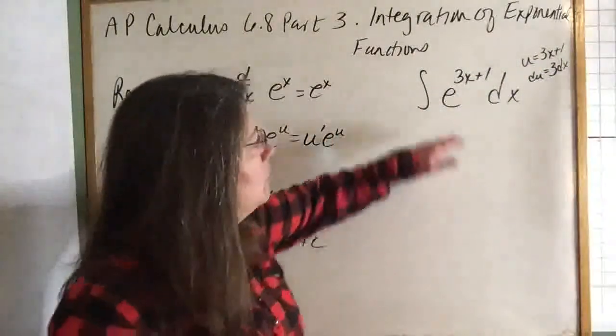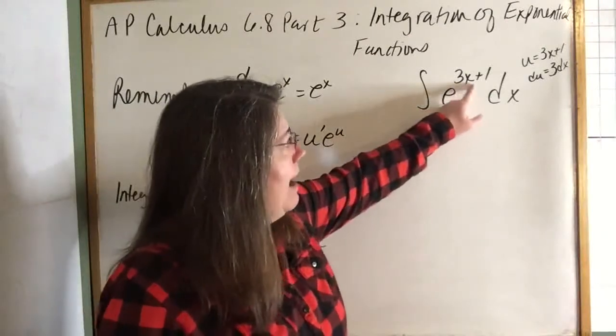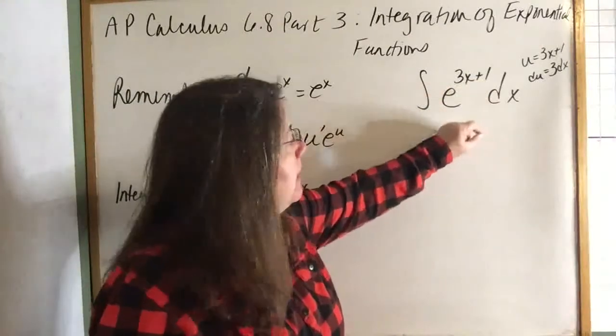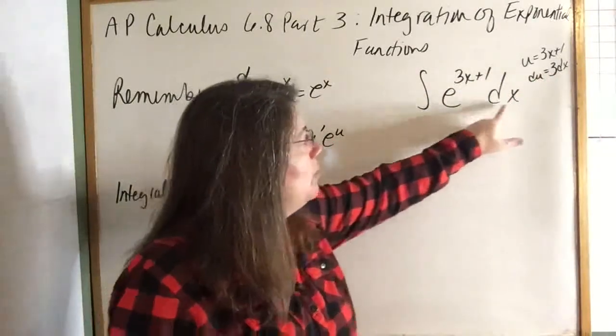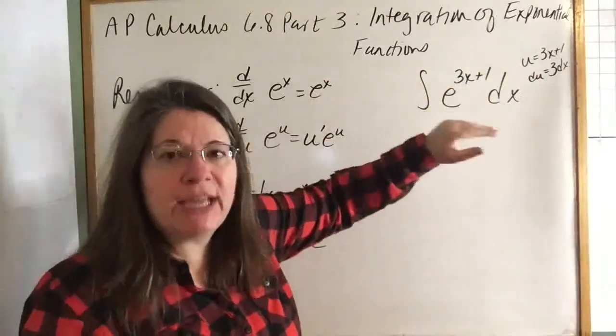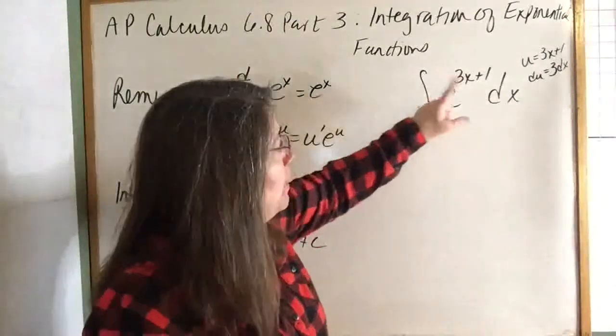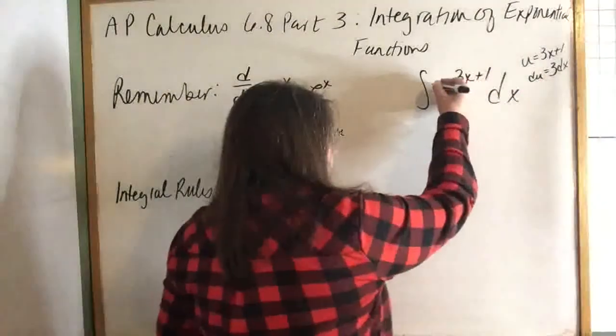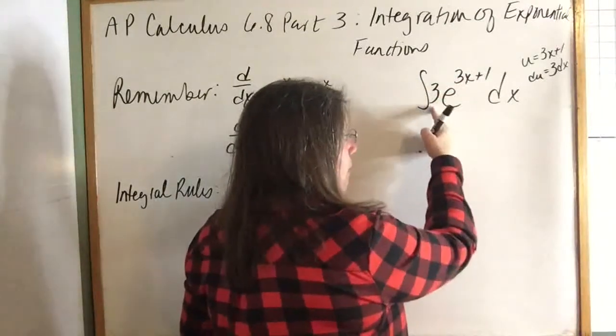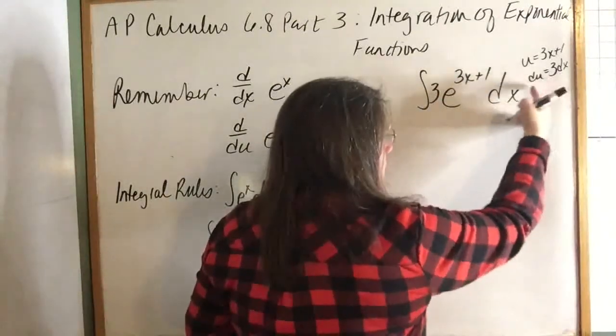And so if you look at what we have here, we have the u part, but in here we do not have the 3, and we do have the dx. To be able to integrate this, I need to put that 3 in here. So if I put the 3 in, I've got now 3 dx, which is my du part.